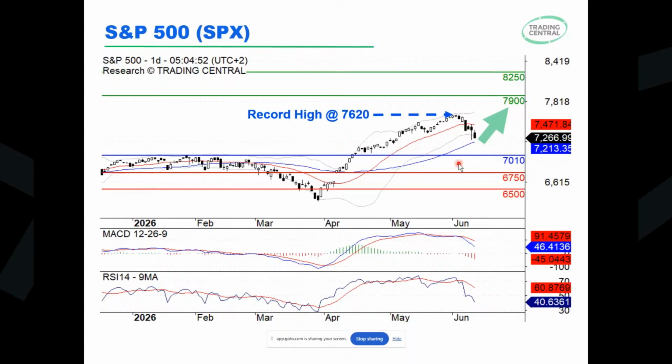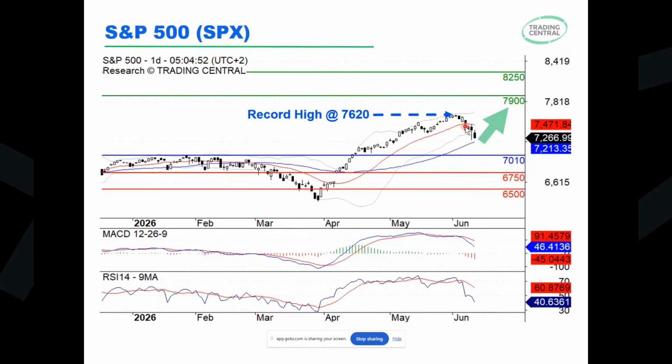So now you can see the S&P 500 just several sessions ago made a record high of 7,620. And of course, for the past several sessions, I think starting last Friday, we have some consolidation.